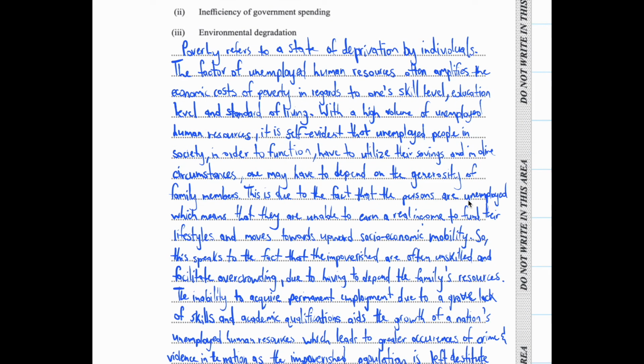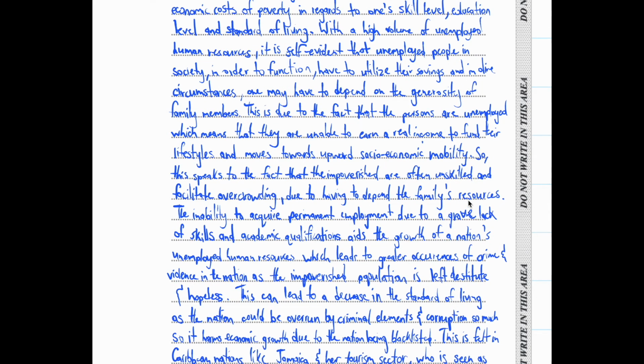So the inability to acquire permanent employment due to a grave lack in skills and academic qualifications aids the growth of a nation's unemployed human resources, which leads to greater occurrences of crime and violence in the country, as the impoverished population is left destitute and hopeless.